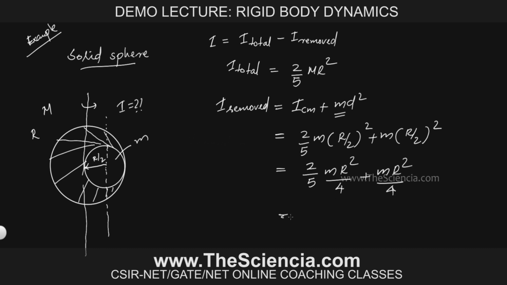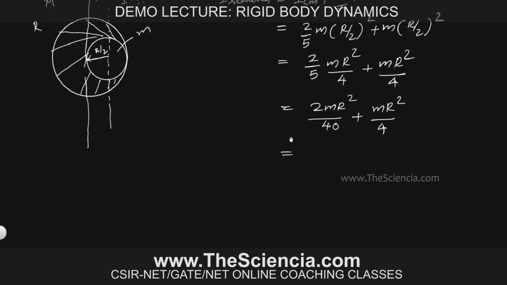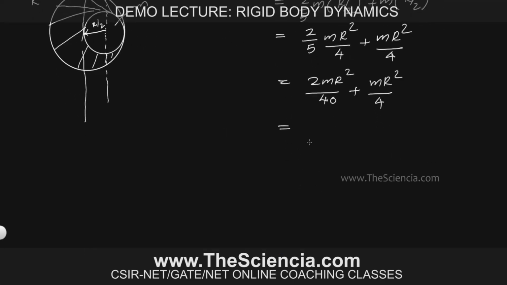So what we get is 2 m R square by 40 plus m R square by 4. I think you know basic mathematical manipulations. So what we get is 14 by 40 m R square. Okay, this is I removed.